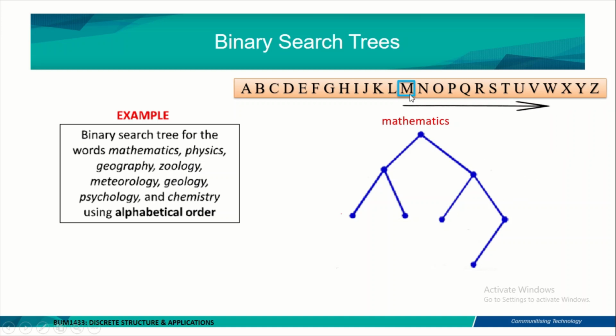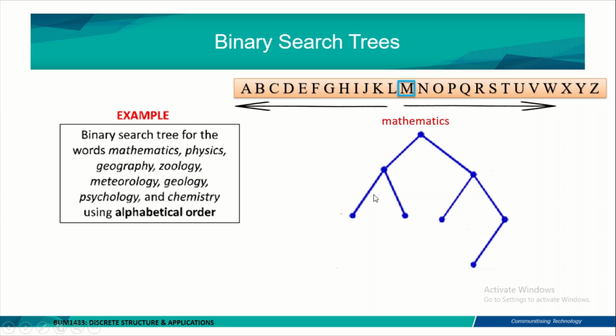If the word has the initial alphabet from A to L, the word is put on the left side of the tree.